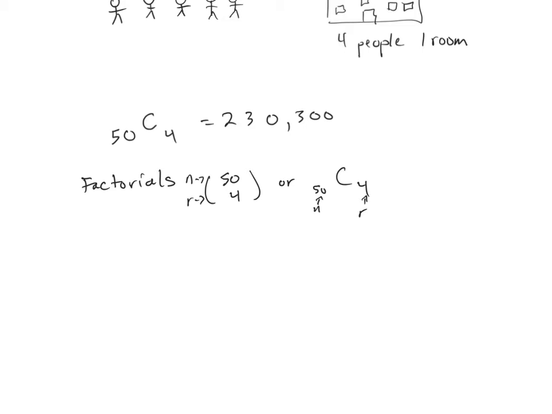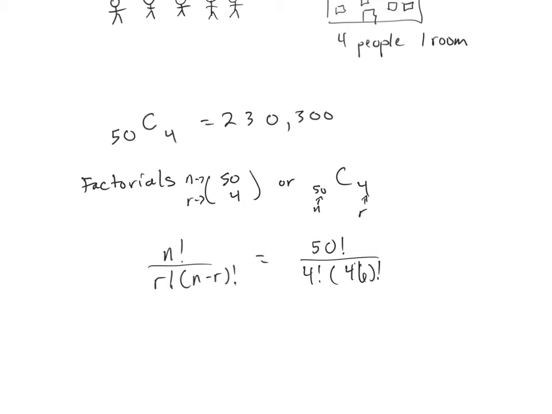So here, using factorials, one way is n factorial over r factorial times n minus r factorial. We can write that down now. This gives me 50 factorial over 4 factorial times 50 minus 4 factorial, which is 46 factorial.